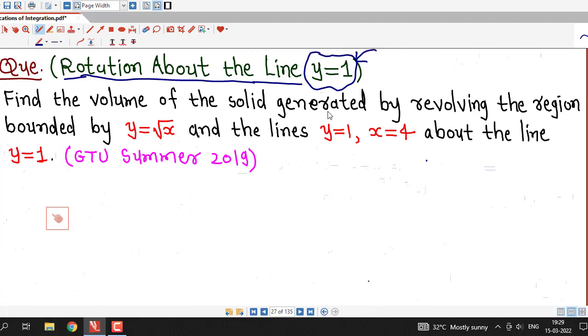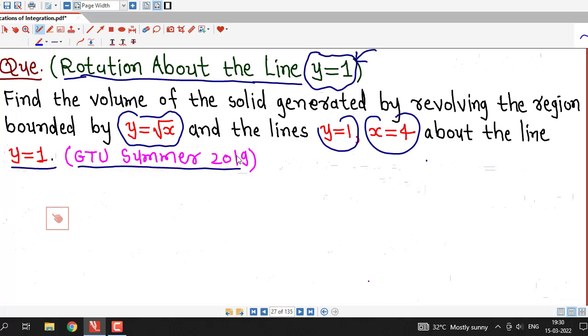Find the volume of the solid generated by revolving the plane region bounded by y equal to square root of x and the lines y equal to 1, x equal to 4, about the line y equal to 1. So here first we decide at which points these curves will intersect.